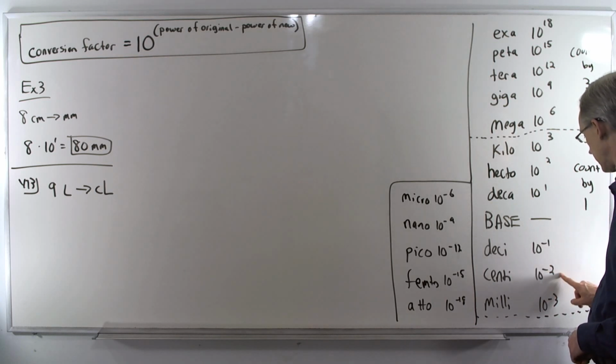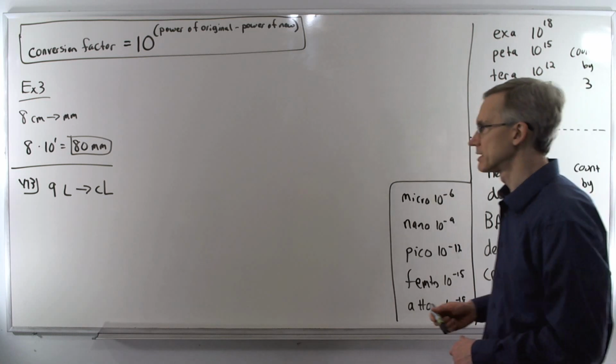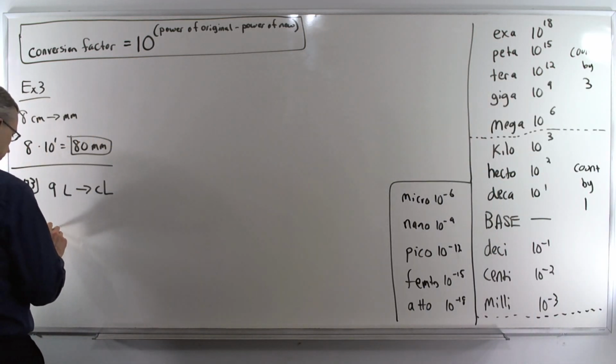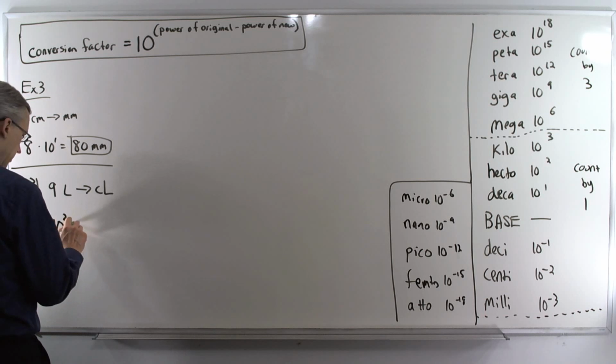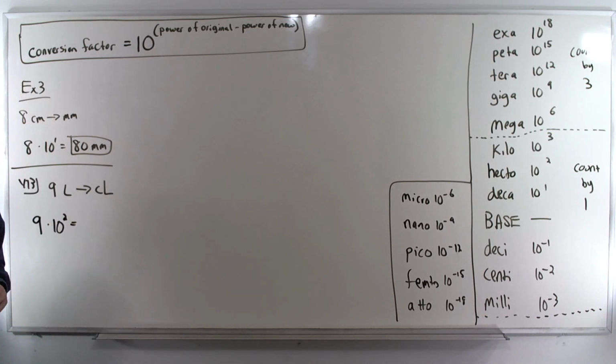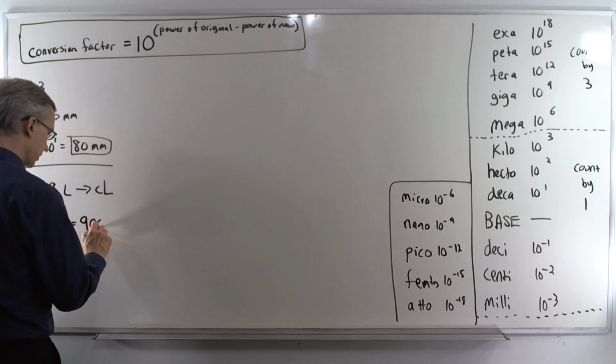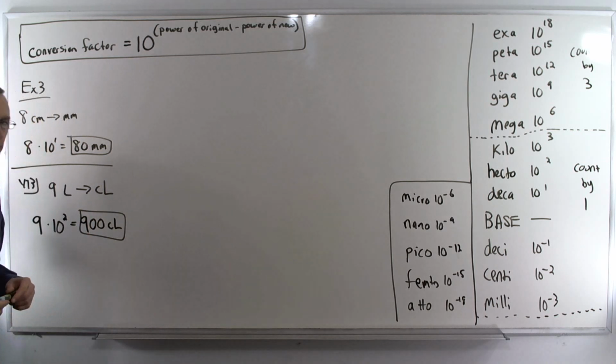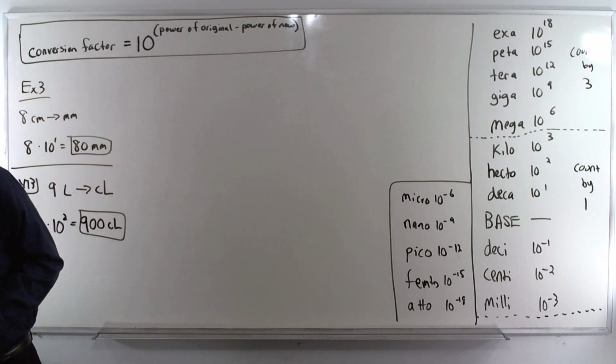We're counting by ones here, so that makes the exponent 2. So we'll take 9 multiplied by 10 to the second power, which is 100, and that gives us 900 centiliters. So 9 liters is equal to 900 centiliters.